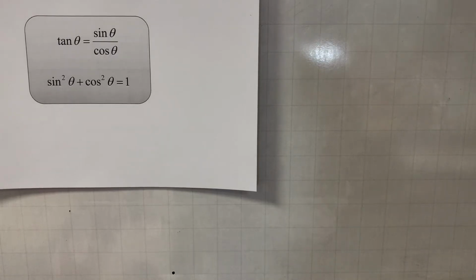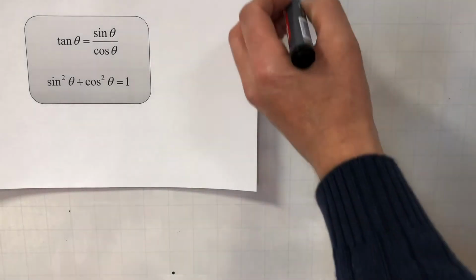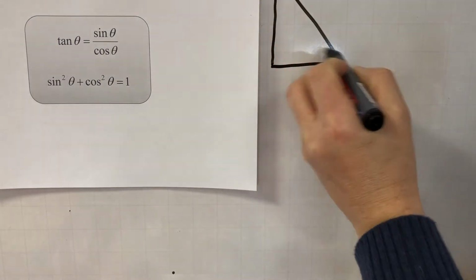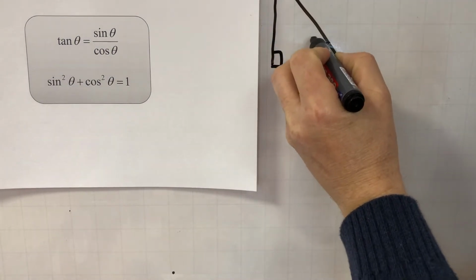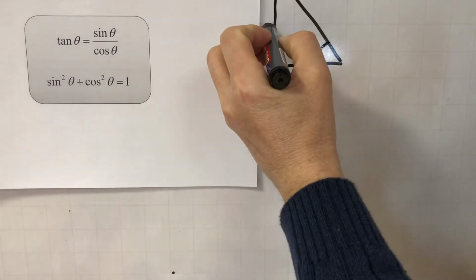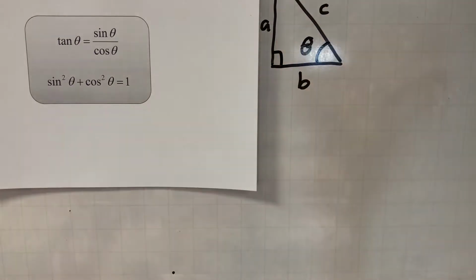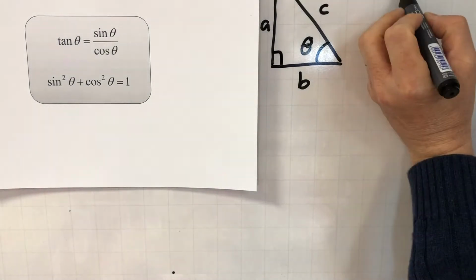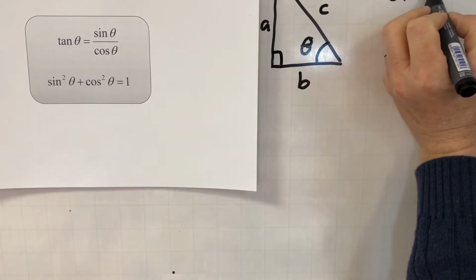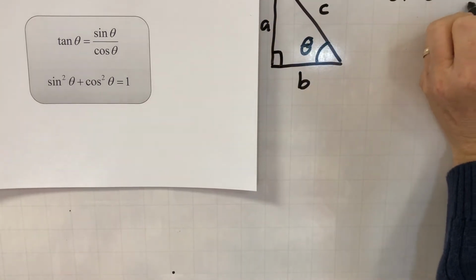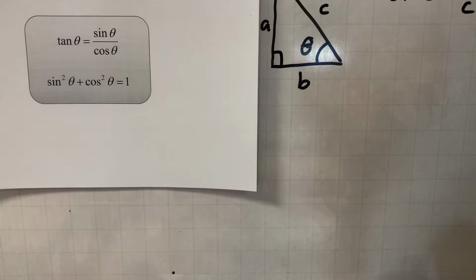Now, if you've completed the first worksheet with the first lesson, you should have proved these two yourself. However, if not, let me show you. With a triangle labelled with an angle theta, and I'll label that side A, that side B, and that side C, then we know that the sine of theta is equal to the opposite over hypotenuse as shown.